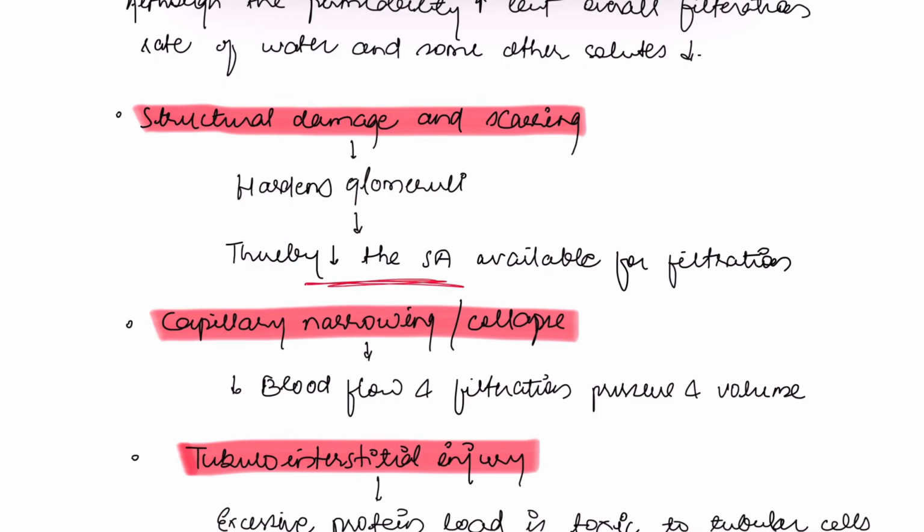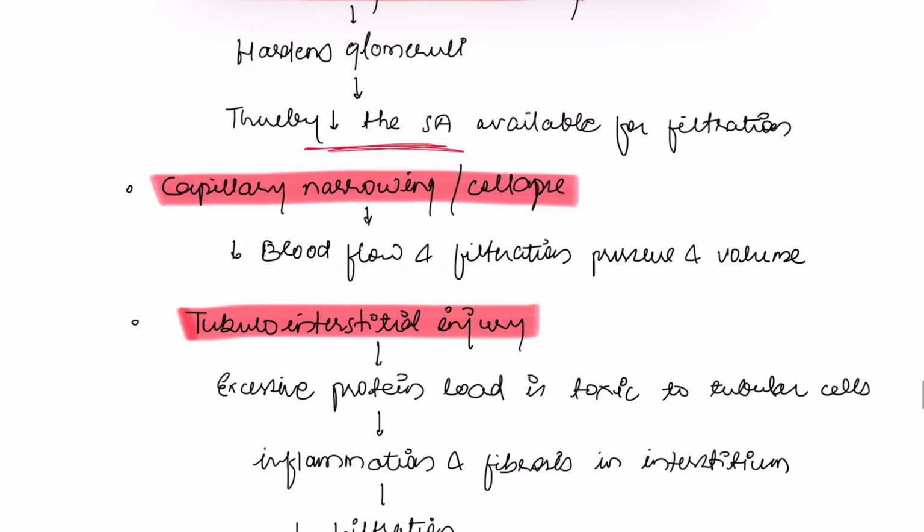So this is going to contribute to decrease in GFR. Next is capillary narrowing and collapse. Whenever scarring occurs, it is going to narrow the capillaries, and this narrowing is going to decrease the blood flow, and this is again going to decrease the filtration pressure and filtration volume.